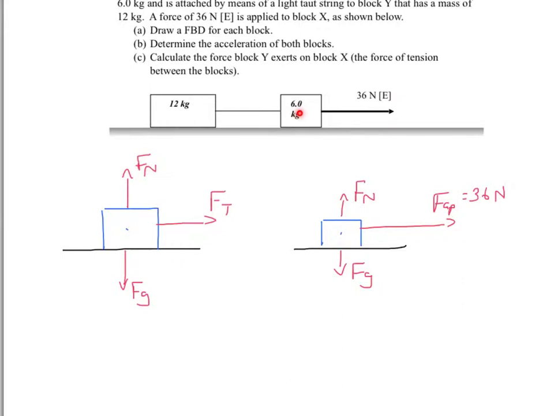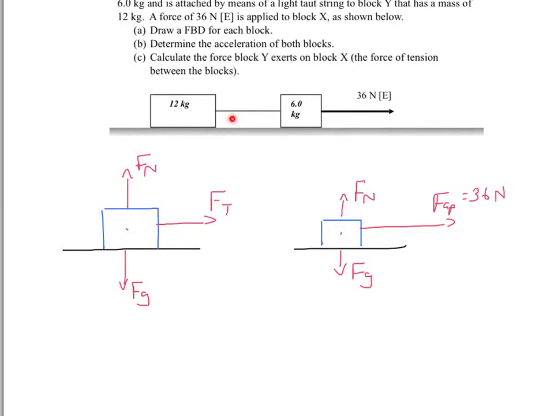So even though the 6 kilogram block is pulling on the 12 kilogram block east with a force due to tension, there must be a reaction force. In this case, the 12 kilogram block is pulling back on the 6 kilogram block, towards the west, with the exact same force of tension.